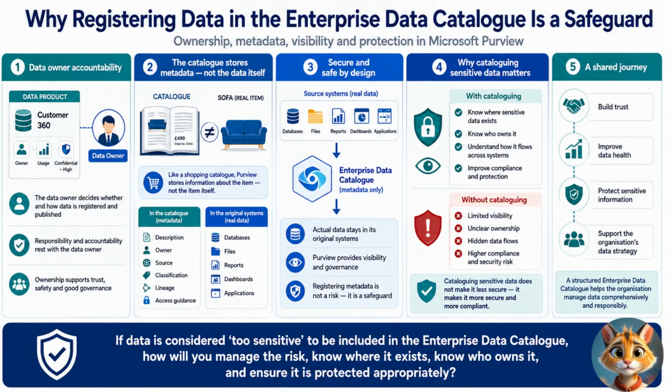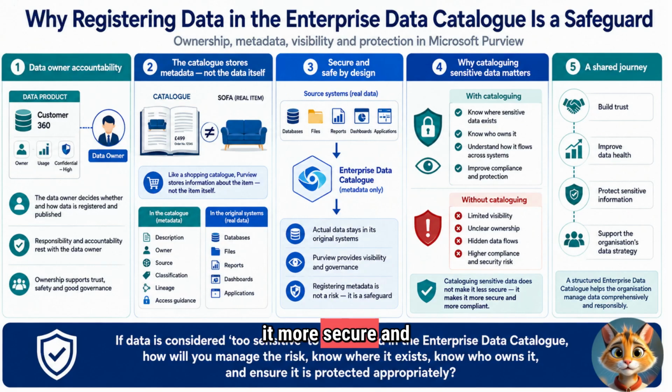It's a safeguard. Without cataloging, we lose visibility into where sensitive data exists, who owns it, how it flows across systems. That lack of visibility creates compliance risk and makes security harder to enforce. Cataloging sensitive data does not make it less secure.